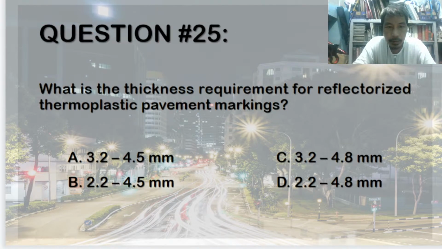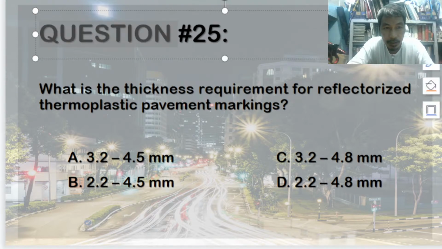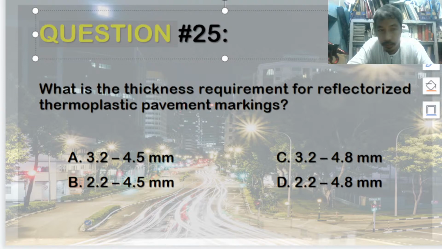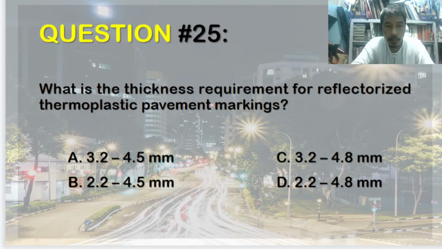Okay. So let us do number 1 again for the third batch of questions. What is the thickness requirement for reflectorized thermoplastic pavement markings? Markings meaning you will have to paint it or paste it or anything that would make it fixed on the pavement.